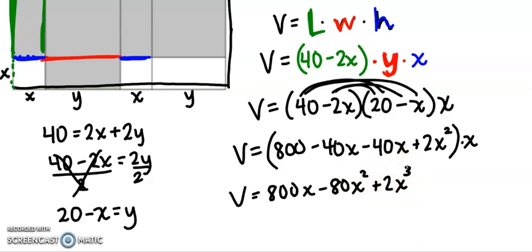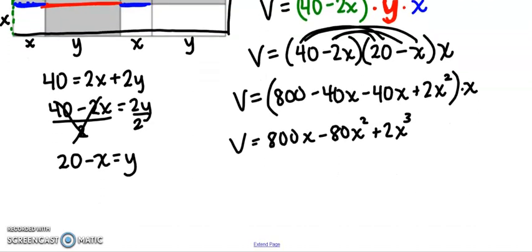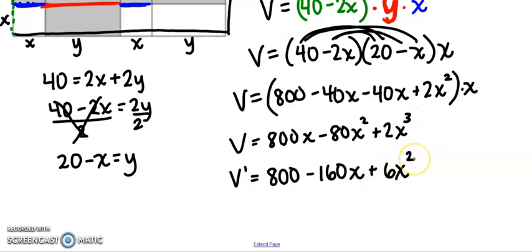So make sure you can get there, okay? That's our volume equation. The next thing I want to do is take the derivative. So V prime, because I'm trying to maximize that volume, is going to be 800 minus 160x plus 6x squared.